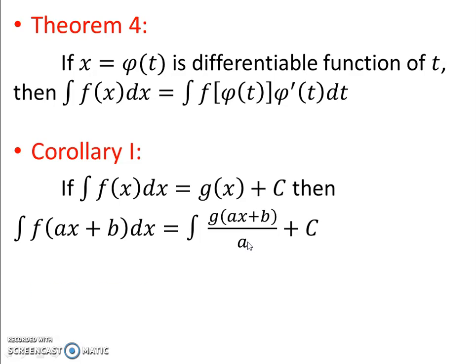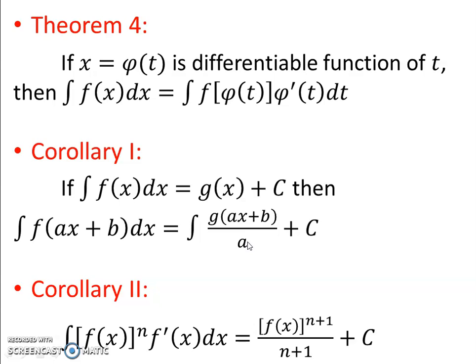Corollary 2: integration f of x raised to n into f dash of x dx equals f of x raised to n plus 1 upon n plus 1 plus c. So we have the derivative multiplied to the term f of x raised to n, then the integration equals f of x raised to n plus 1 upon n plus 1 plus c.